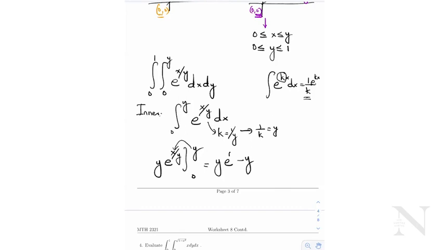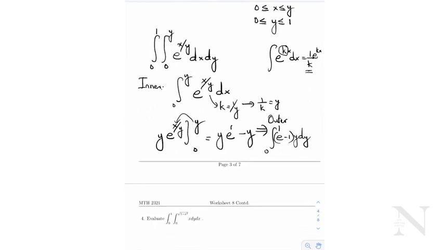And then the outer integral from 0 to 1 of (e minus 1) times y. y is a common factor, so it becomes (e minus 1) times y dy, which is (e minus 1) times y squared over 2, which is (e minus 1) over 2.